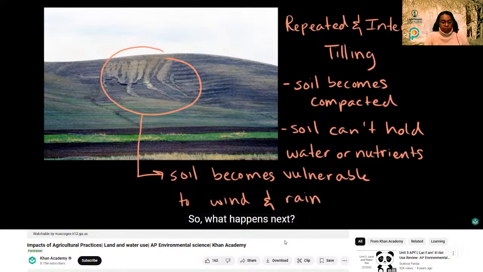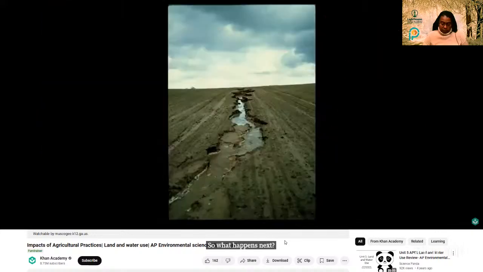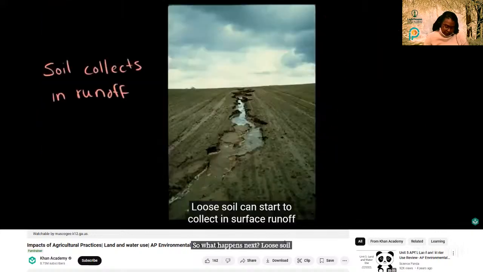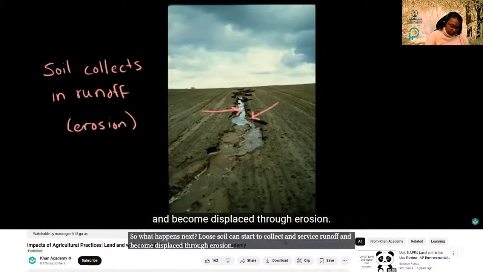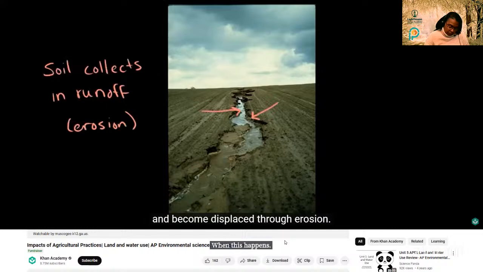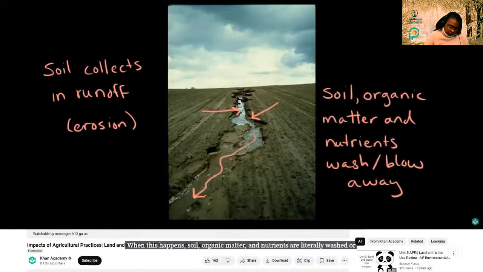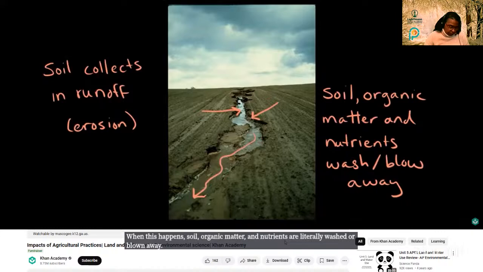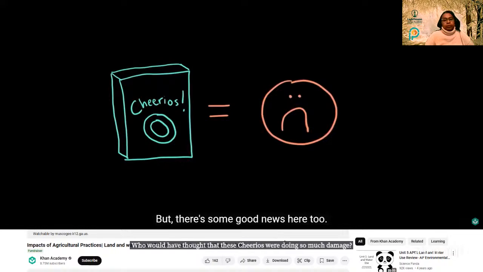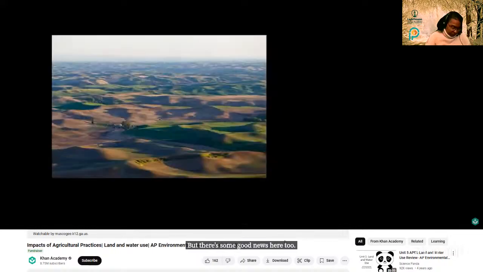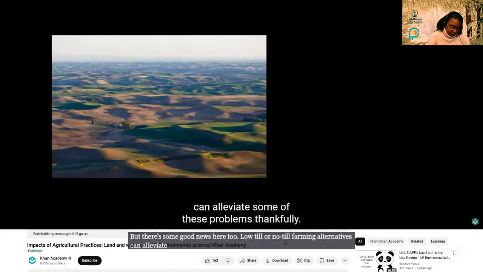So, what happens next? Loose soil can start to collect in surface runoff and become displaced through erosion. When this happens, soil, organic matter, and nutrients are literally washed or blown away. Who would have thought that these Cheerios were doing so much damage? But there's some good news here too. Low till or no till farming alternatives can alleviate some of these problems, thankfully.